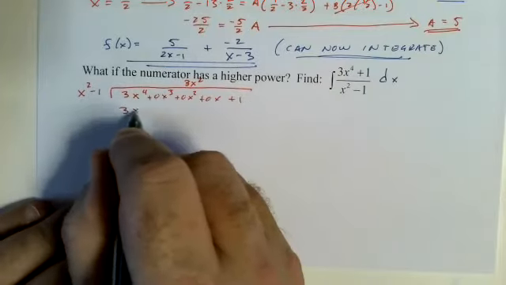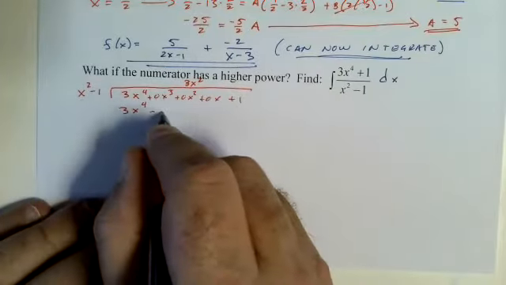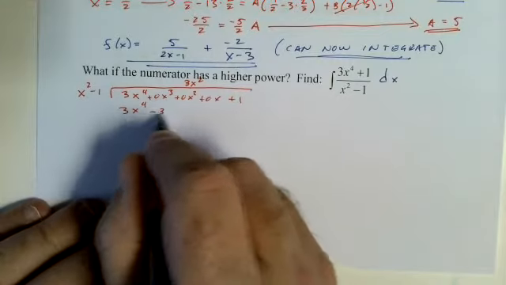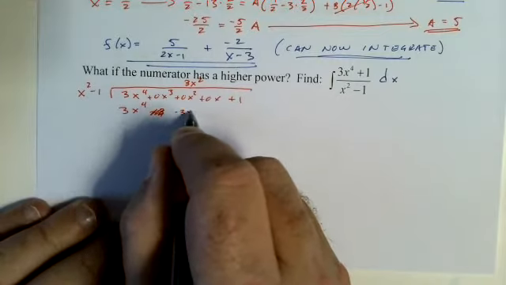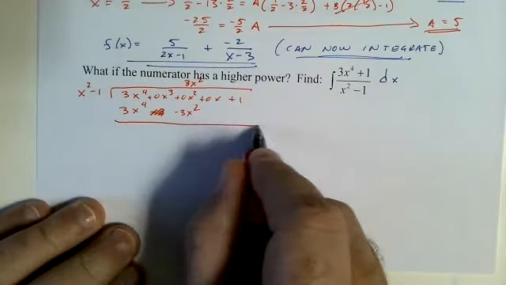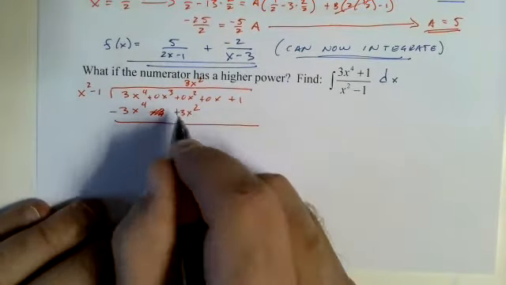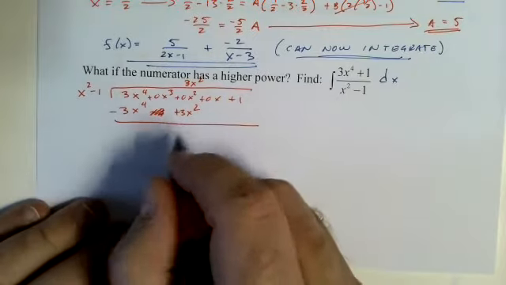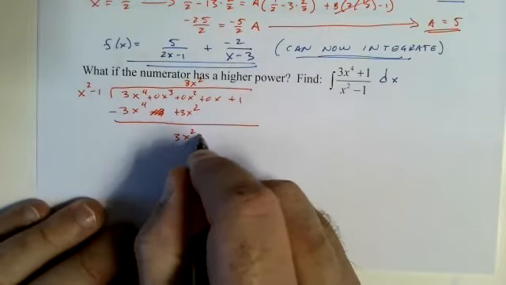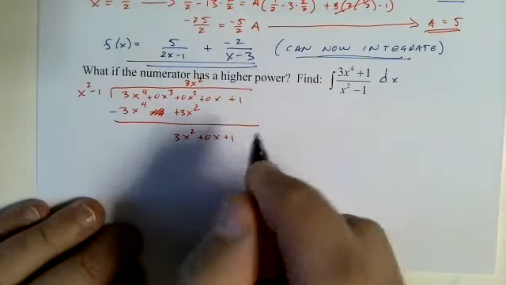Multiply, I get 3x to the fourth minus 3x squared. Everything becomes a negative because I'm subtracting, and I get 3x squared plus 0x plus 1.